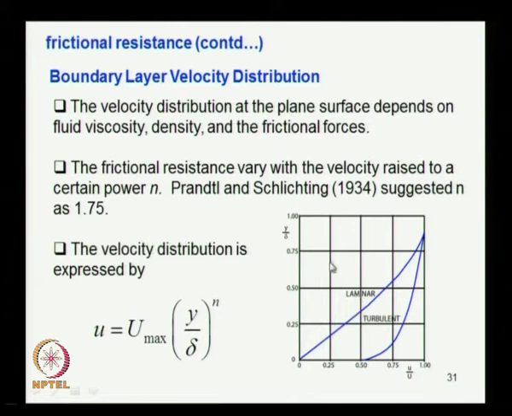That means that away from the boundary layer it reaches 1, that is, the boundary layer velocity goes to the free stream velocity. This is the distribution in laminar flow condition, and this one is in the turbulent condition. You can see that in both cases it comes to 0 at the surface, that is when this value is equal to 0.